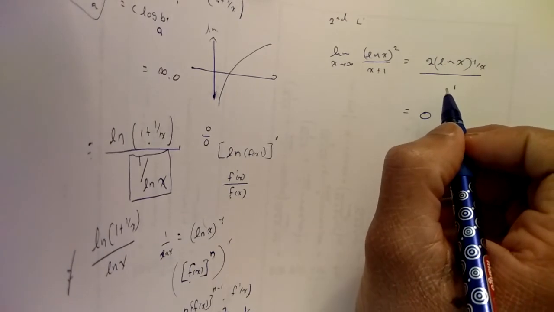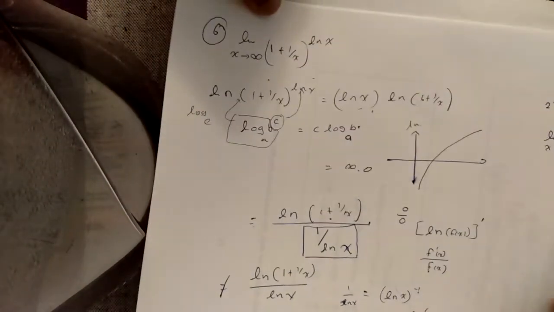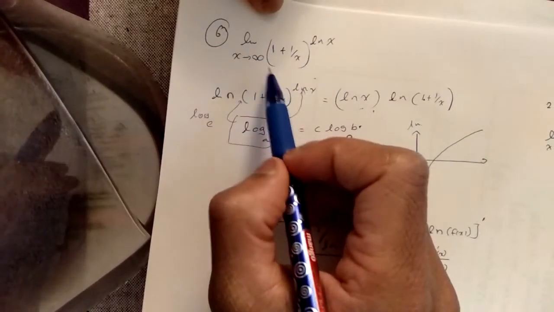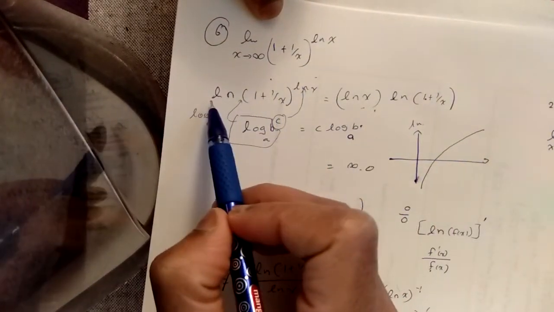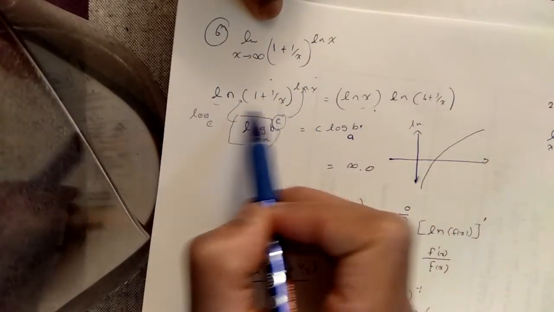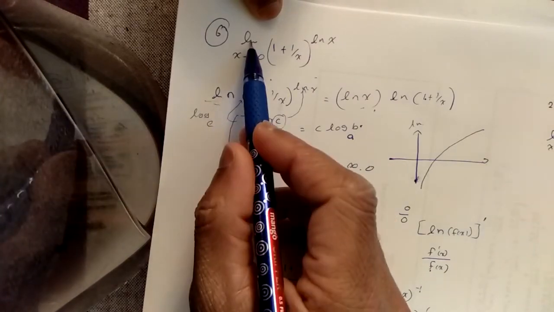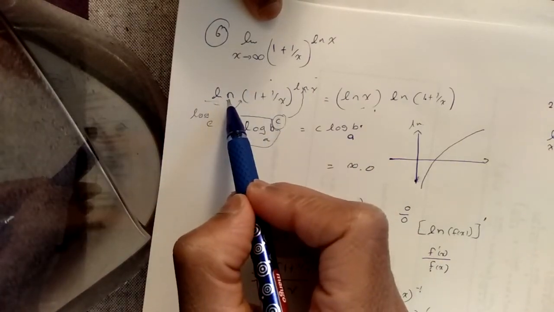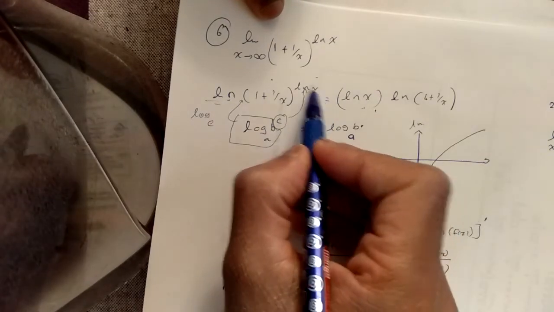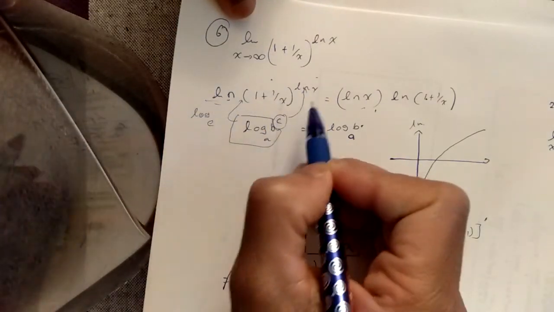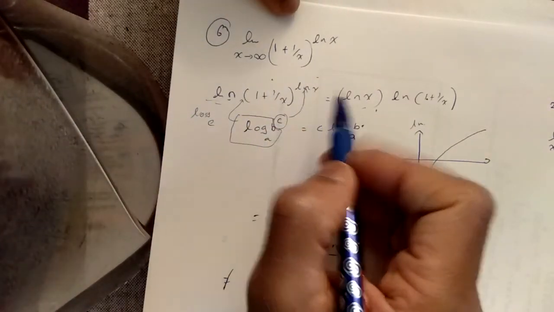Here what we have done is, we had the original problem. In the original problem we were supposed to compute the limit of this one, but instead we computed the limit of this one, which is the logarithm, okay? We computed the limit of the logarithm of this, right?